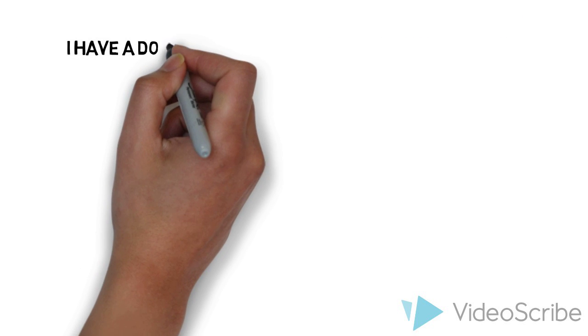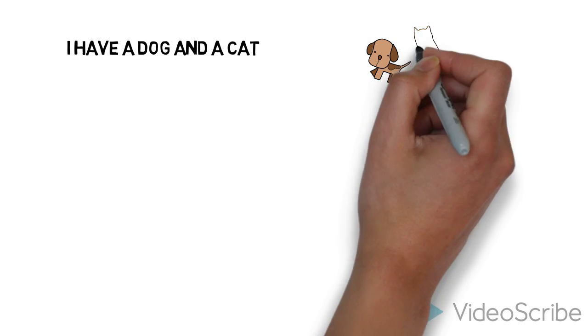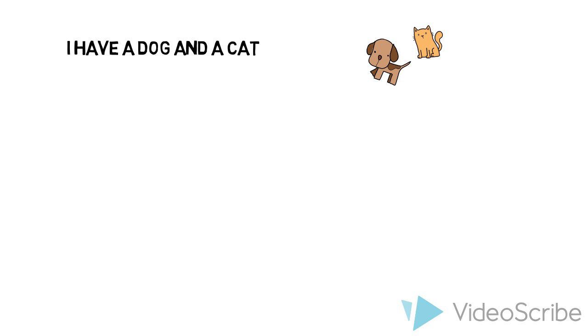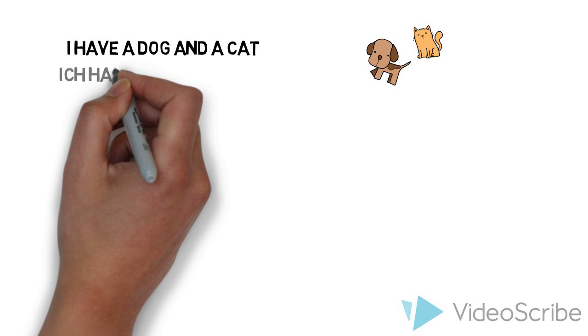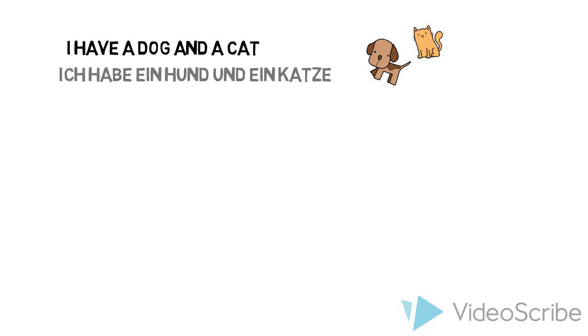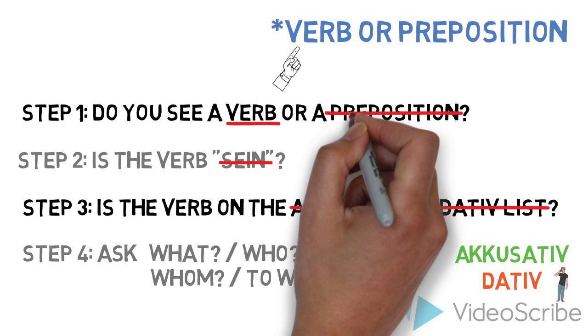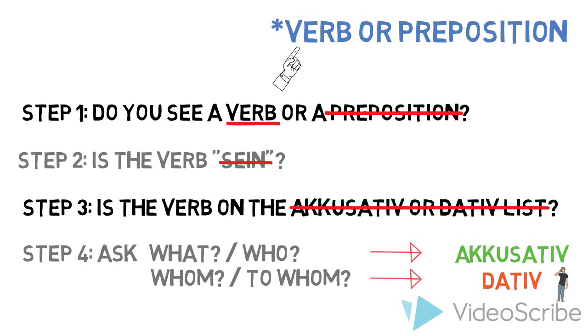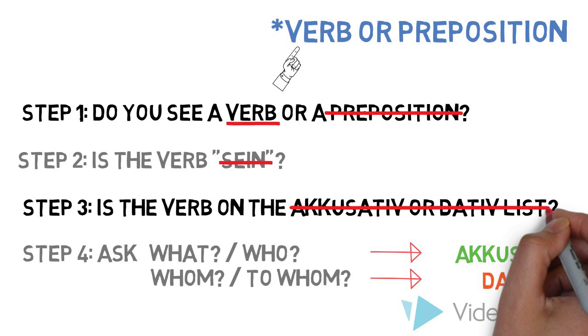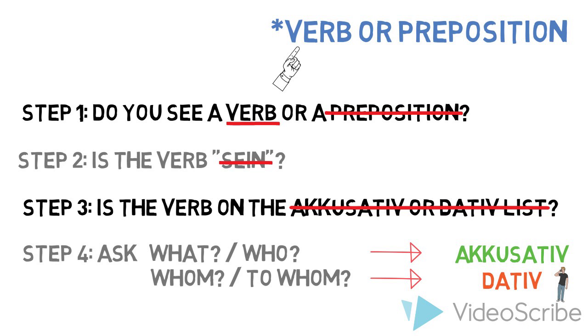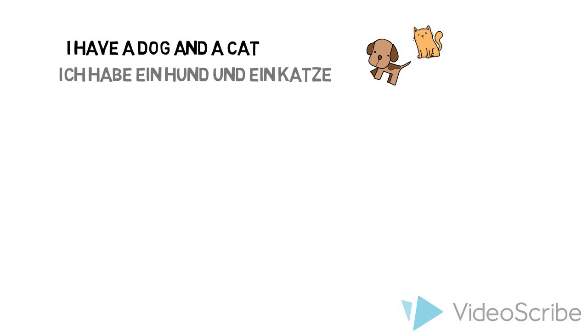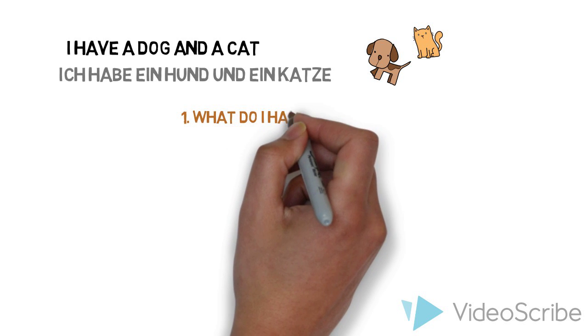I have a dog and a cat. In a literal word-by-word translation we have Ich habe einen Hund und eine Katze. Again, we have only one verb and no preposition. The verb is not sein, it is haben, and it is also not inside of any of these lists. So we ask the same two things. Number 1, what or who do I have?